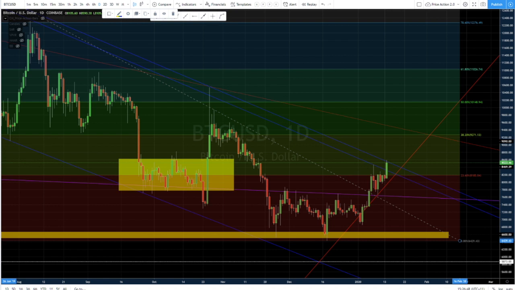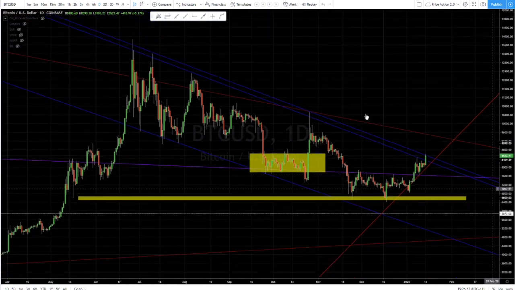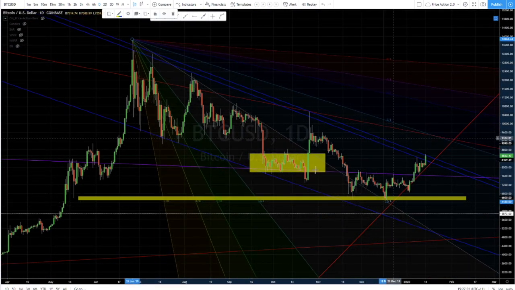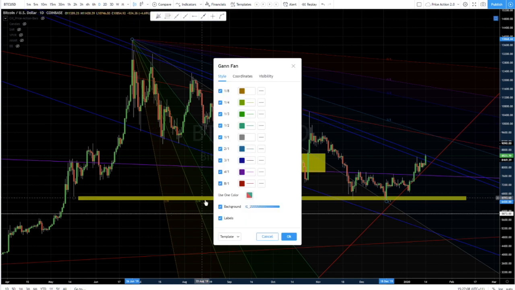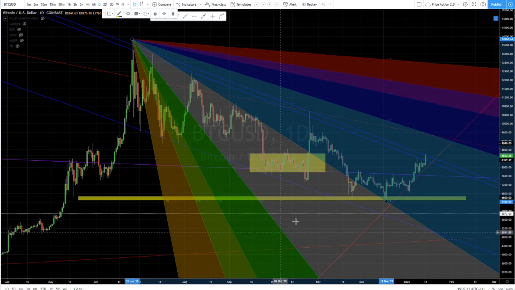All right, so we've gone through Fib retracements. Next I'm going to look at is our Gann fan. This is a tool that not many people are familiar with. Top to bottom. I'll just make that a little bit more visible. And as you can see, that line has been respected here and here and here.